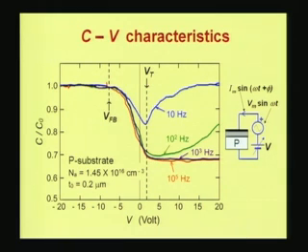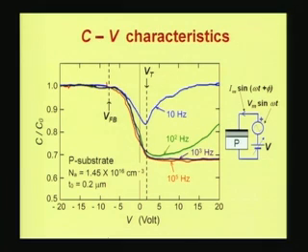On the x axis you have the voltage, and on the y axis you have the capacitance of the structure divided by C naught. We will see what C naught means. Basically, this is a normalized capacitance.